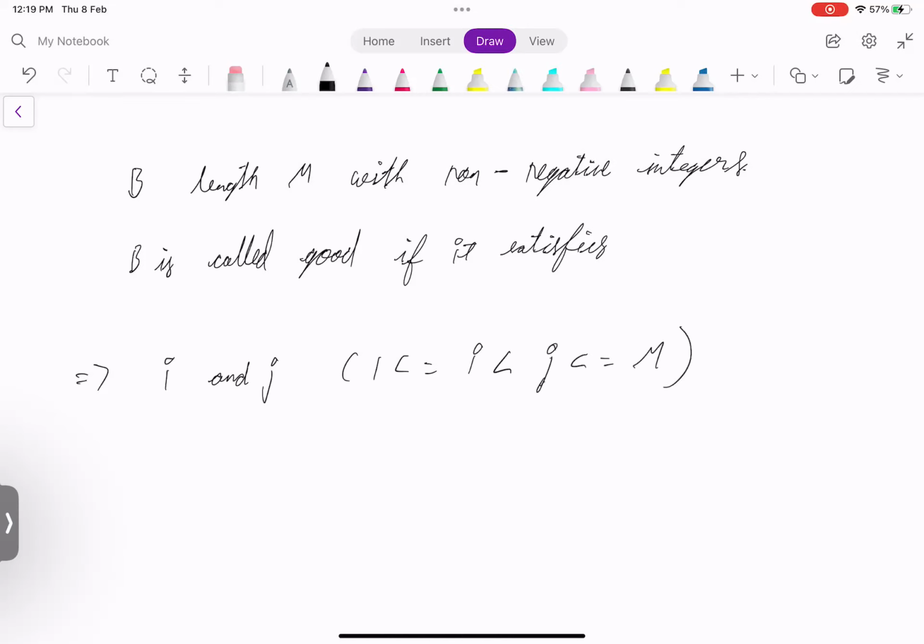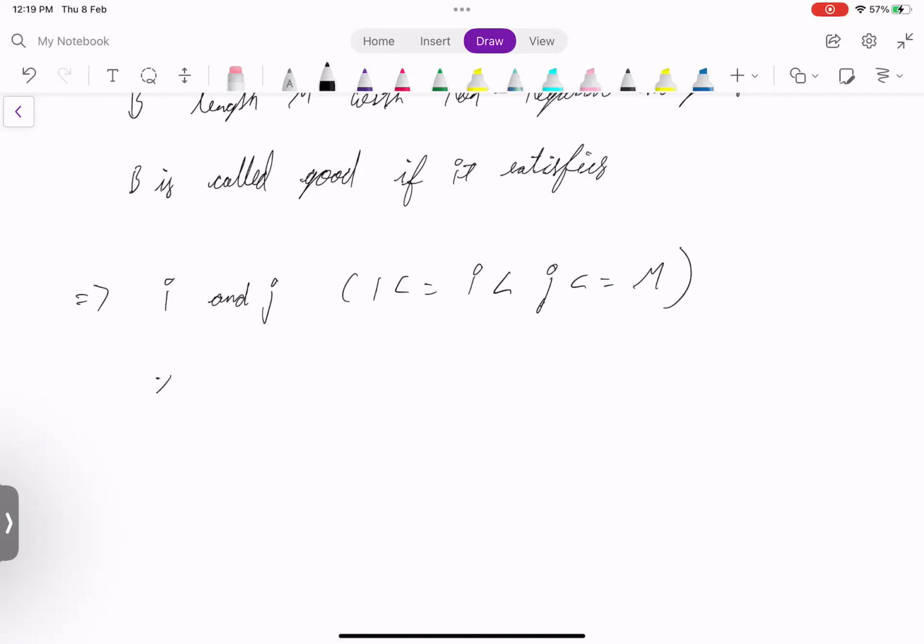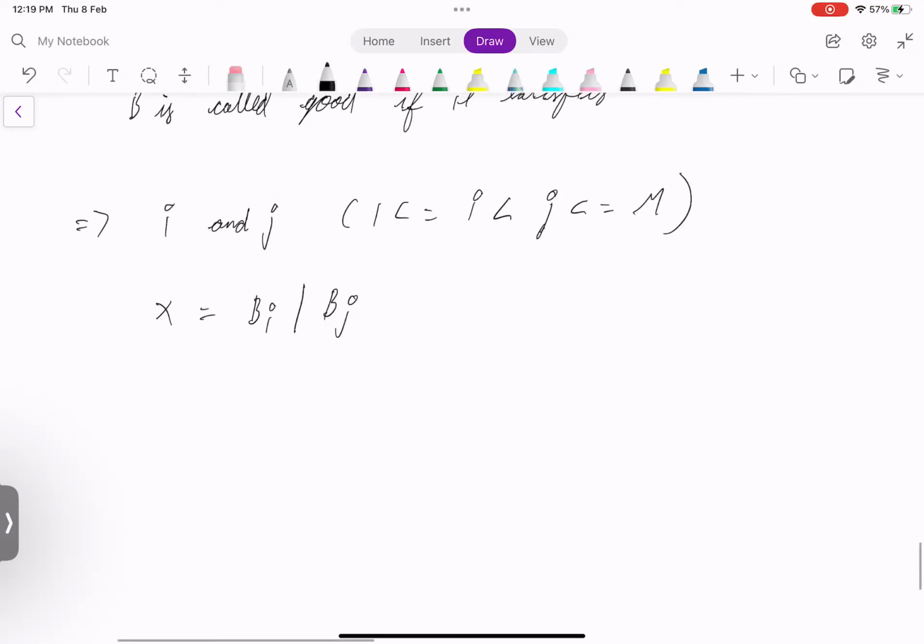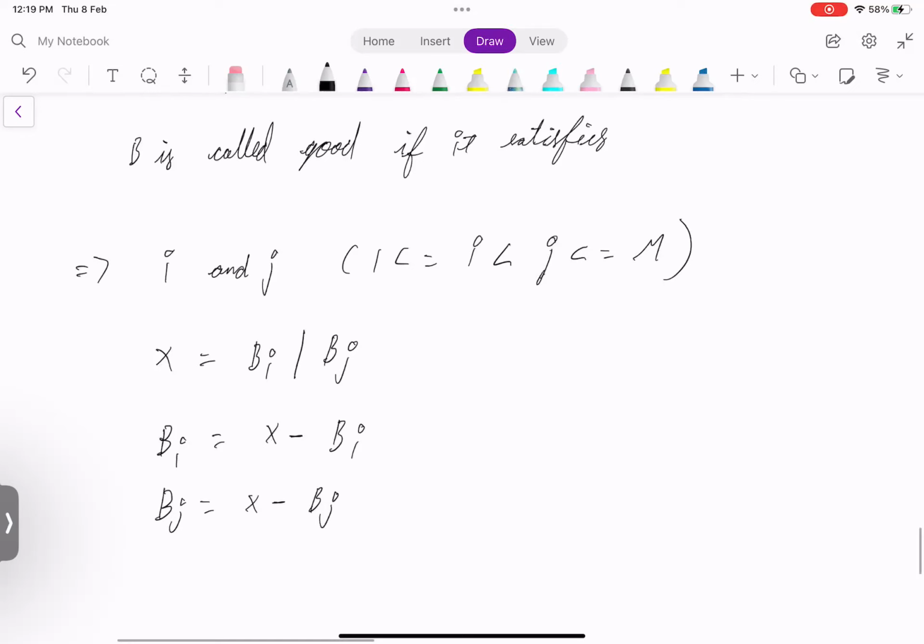Now you need to perform the following operation. Let x be the bitwise OR of elements b_i and b_j. Then replace b_i with x minus b_i and b_j with x minus b_j. So this is the given operation that we can perform.